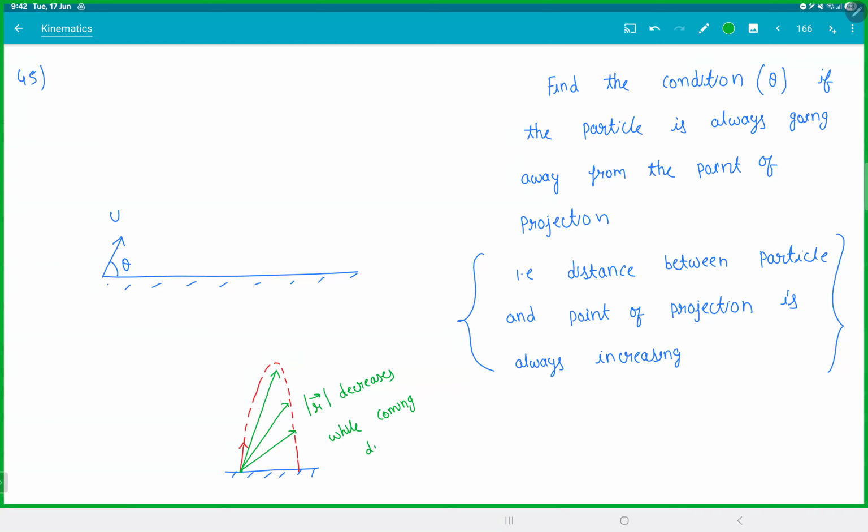This should not happen. So with what angle should I project so that this mod r bar always increases? This is a result you should definitely remember. In the exam it will be a little lengthy to solve, but try, think for 2-3 minutes, then I'll show you.